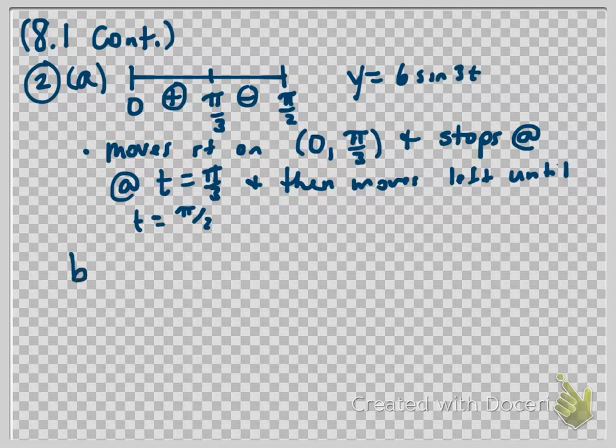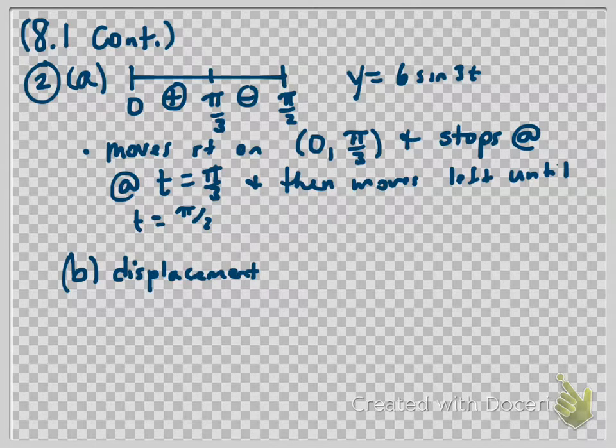All right, let's go to B. B says, find the particle's displacement for the given time interval. Displacement. What is displacement? What did we decide yesterday, courtesy of Zach's submission of that idea?